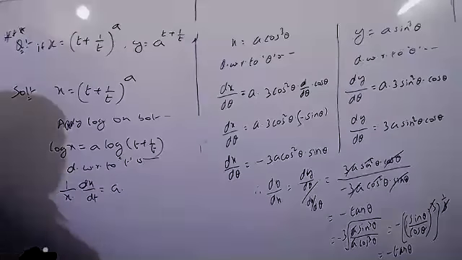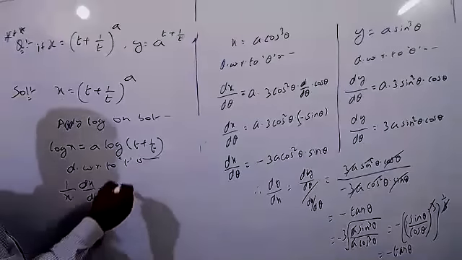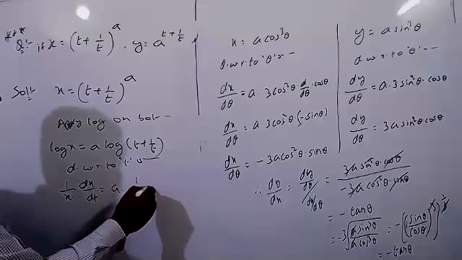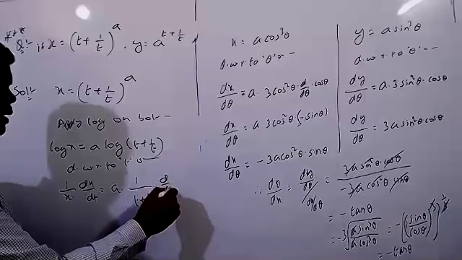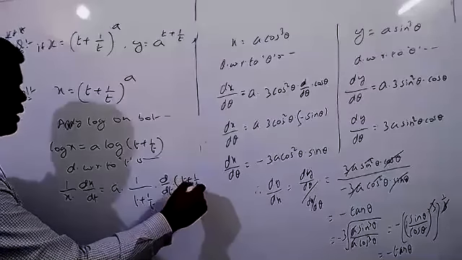a is the constant value, and differentiation of log t plus 1 by t you can write now as 1 by t plus 1 by t into again d by dt of t plus 1 by t.